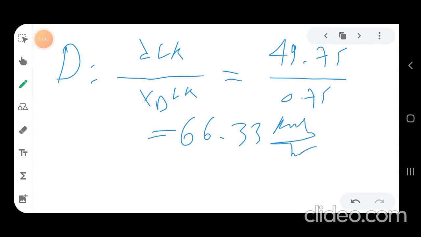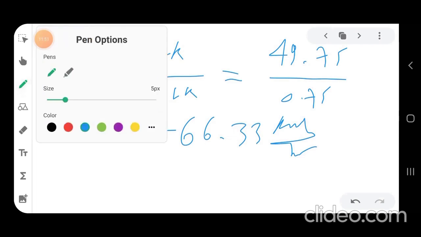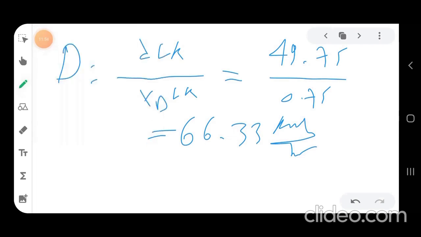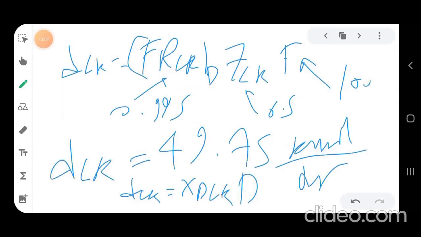Okay, so now someone would ask why we are finding this D, because we will need it later on. We will need it, for example, when finding the number of stages using the Gilliland correlation, we need this value of D. And someone will wonder why we are finding this small d of the light key in the distillate, because we will need it later in the Underwood equation when we want to find the minimum reflux ratio.